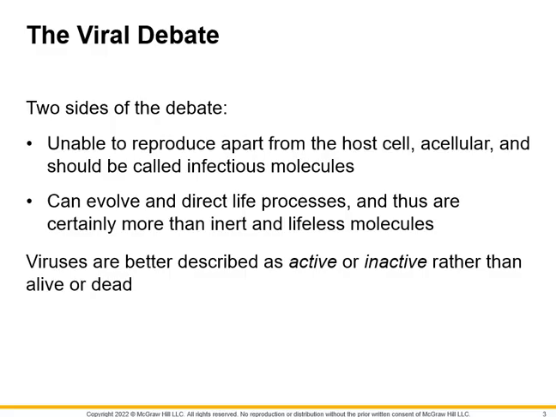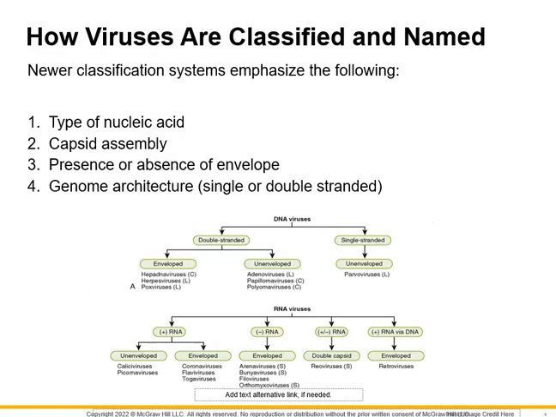So many agree that it's preferable to describe viruses as infectious agents instead of referring to them as organisms, because organisms refers to something that's alive. So we refer to them as infectious agents and resist referring to them as being alive or dead, and therefore we should describe them as being either active or inactive instead. So infectious agents that can be active or inactive.